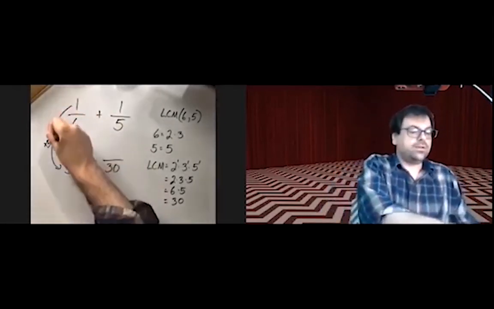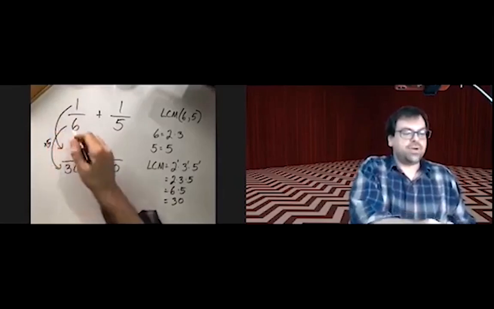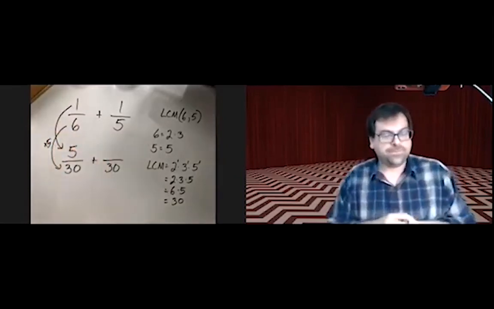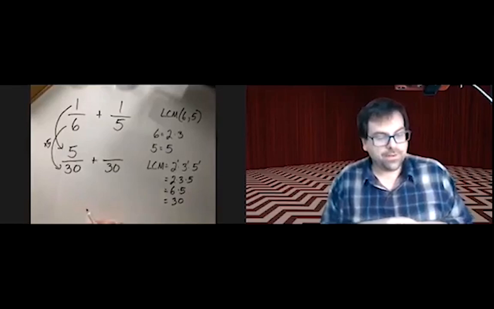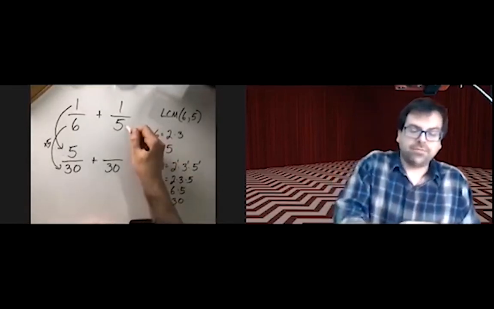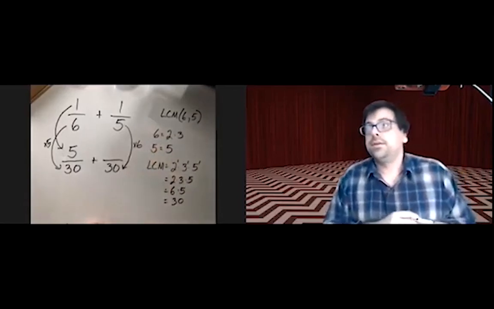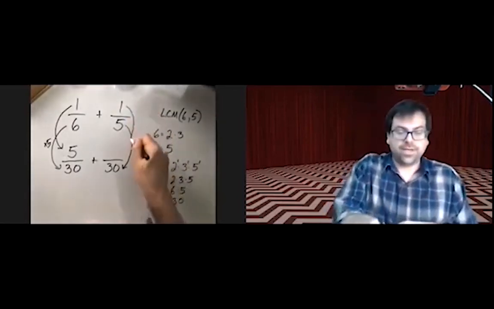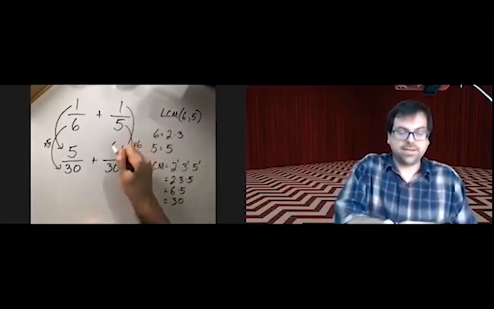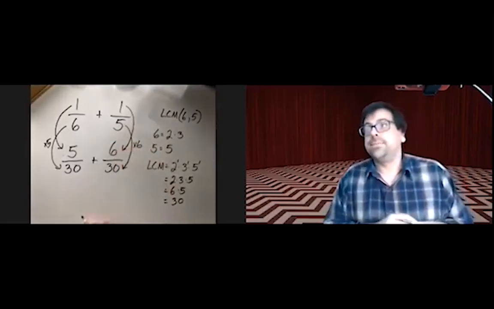So 1 also times 5. 1 times 5 is 5. How do we get from 5 to 30? That's times 6. So 1 times 6 is 6.